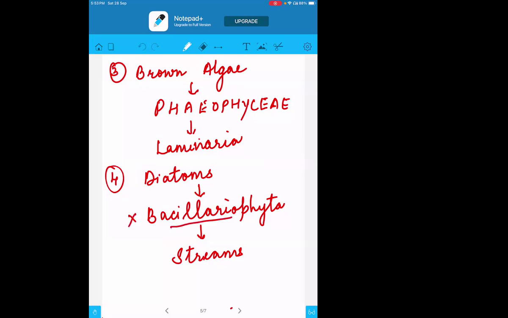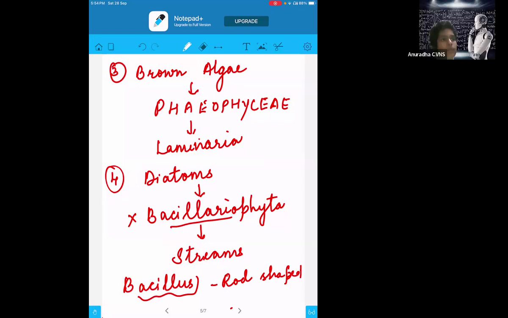No, this bacillario basically means the stream. They are basically present in the stream, and that is why they are called bacillario. What you are talking about is the bacillus, the rod-shaped bacteria. This is bacillario. Both are different.